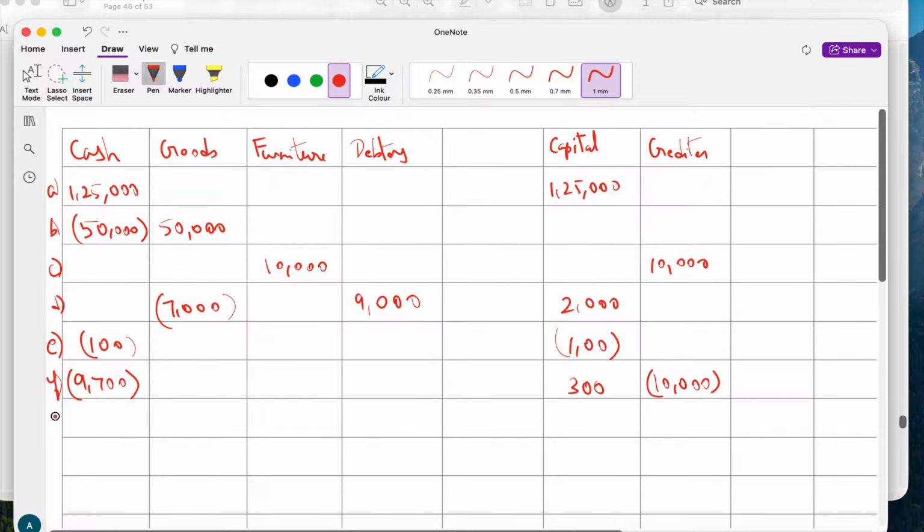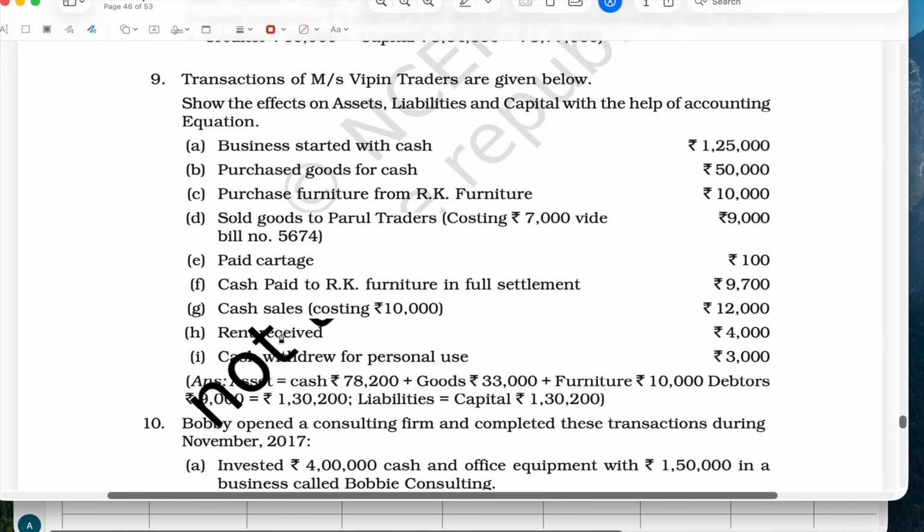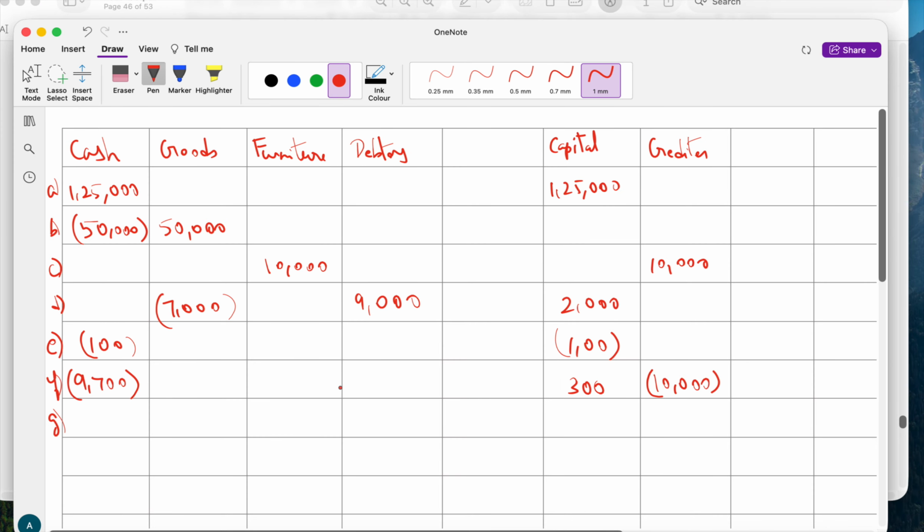Okay. Next is G. Cash sales costing 10,000 for 12,000. So 12,000 cash sales, it is a direct income. Goods will reduce by 10,000. Okay, and the profit of 2,000 is added to the capital.